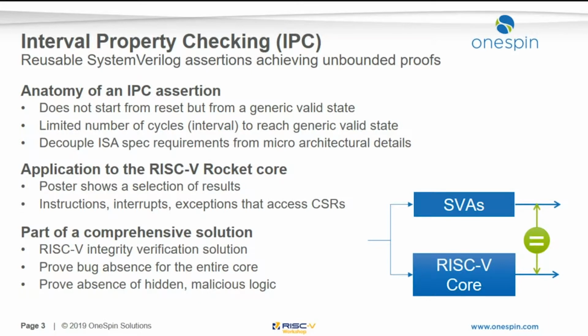As I mentioned, this work on verification of CSRs is part of a comprehensive solution from OneSpin, the RISC-V integrity verification solution. This proves bug absence for the entire core, and proves absence of hidden and malicious logic.